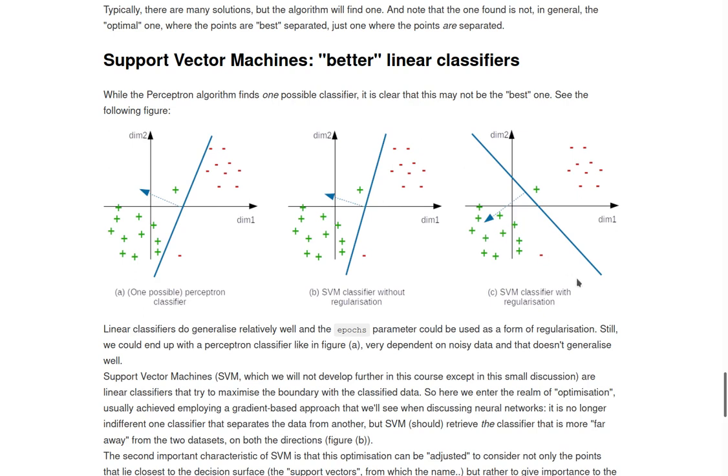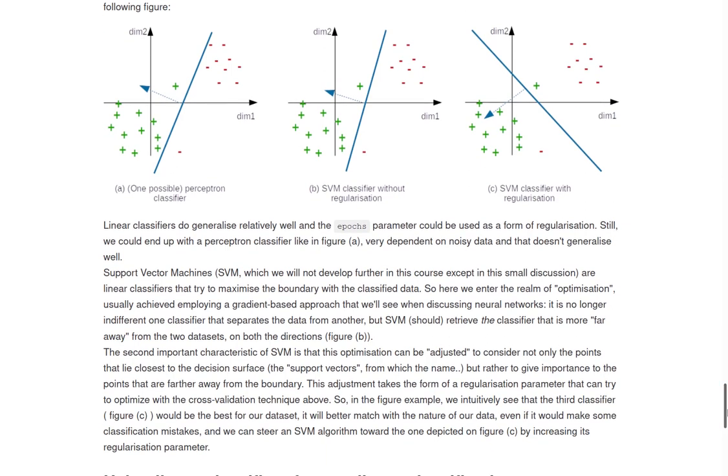But there is another characteristic of SVM that is very important and makes it really outstanding compared with perceptron as a linear classifier: this optimization can be adjusted with one parameter that takes the form of a regularization parameter that tries to optimize not only the distance of the points that are closest to the classifier, but all the points.